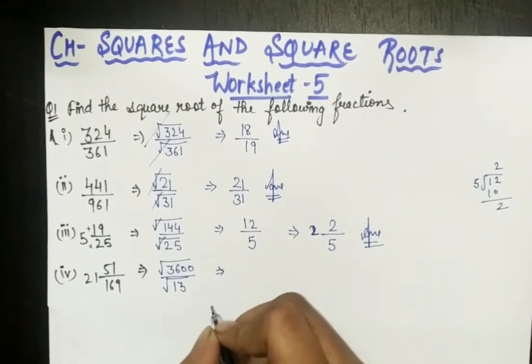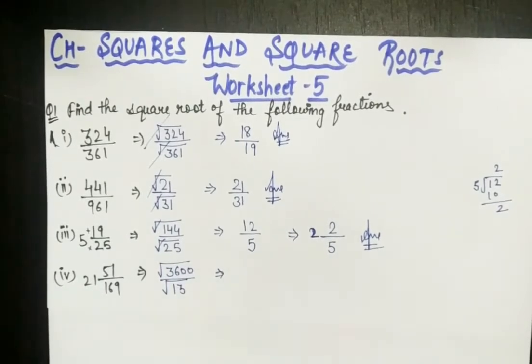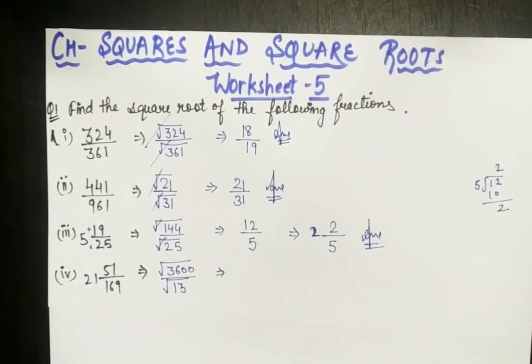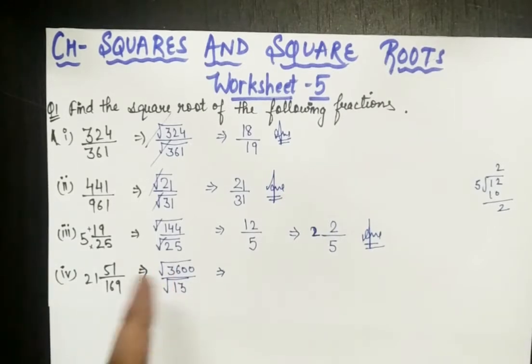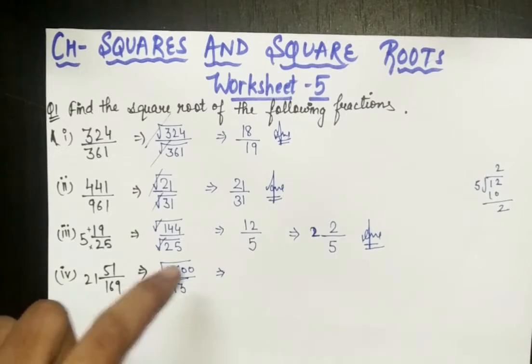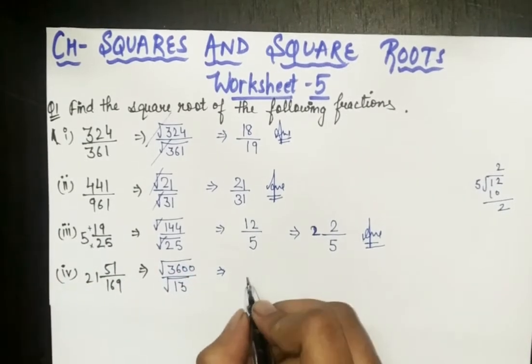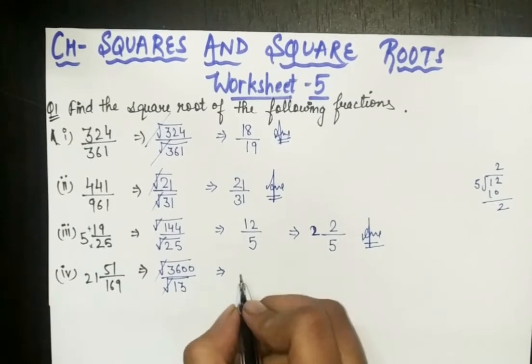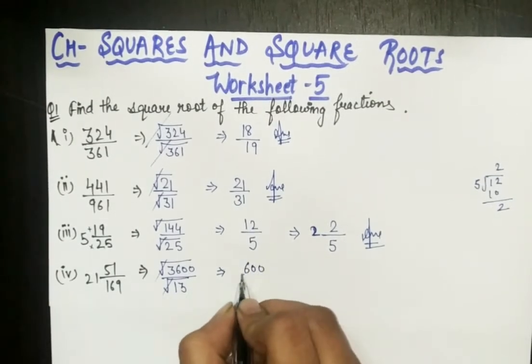Now you will be asking what number 3600 is the square of. You all know that the square of 6 is 36, means here is 3600, so the number will be 6 and then 100. First this will be cancelled and then you will be writing 600 and then 13.